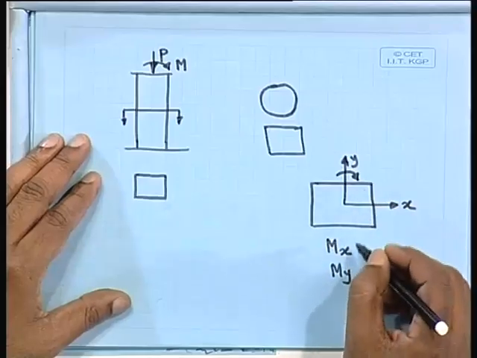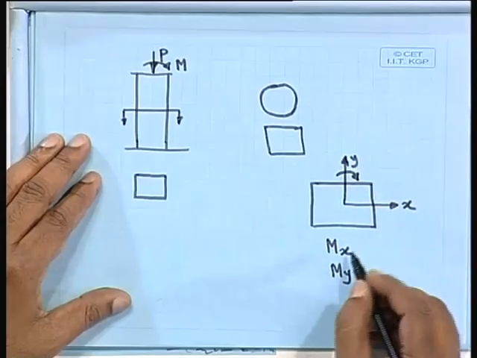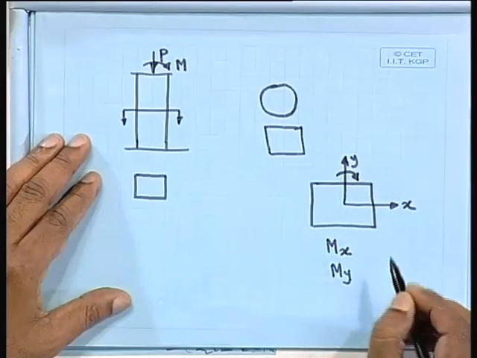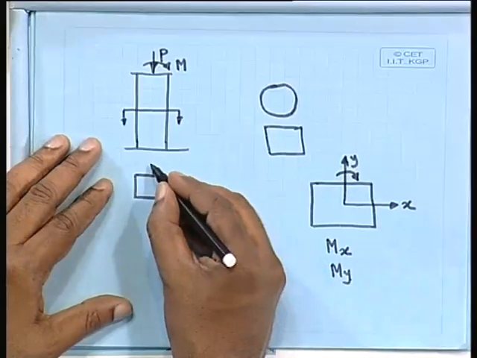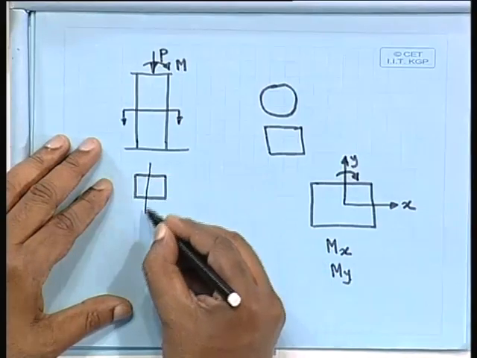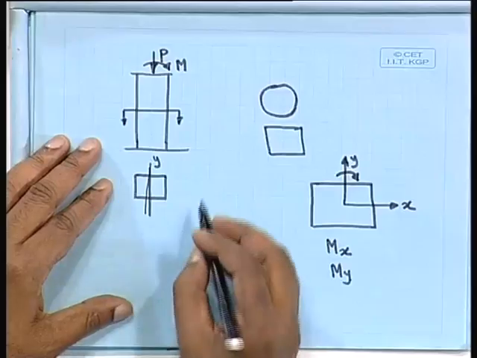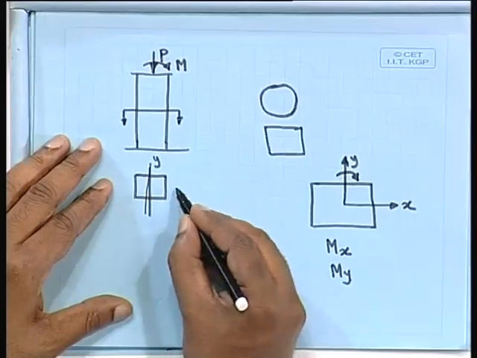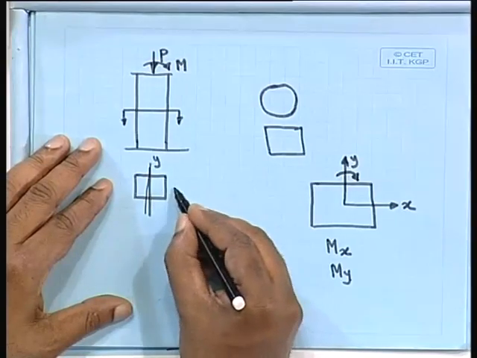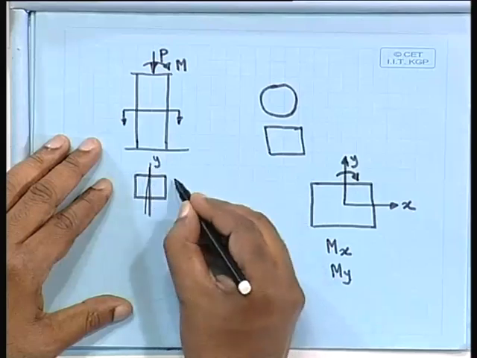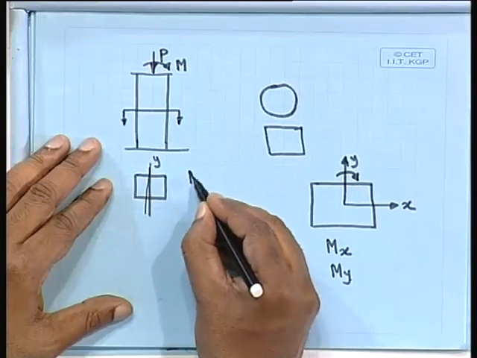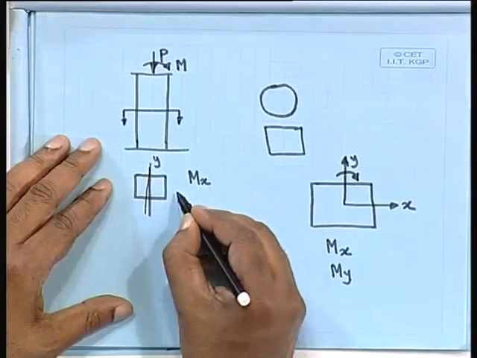So, let us say whenever we talk about Mx, My, all those things, this is your y axis. In this case we can say Mx is along x. So Mx whenever we talk, it is along x.